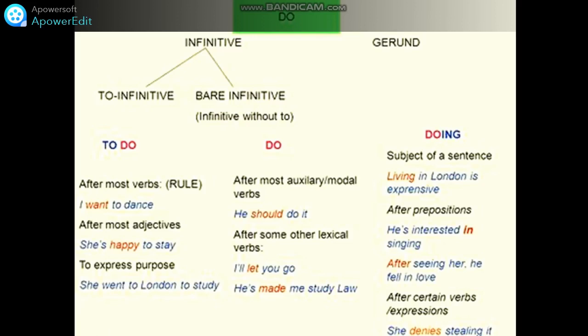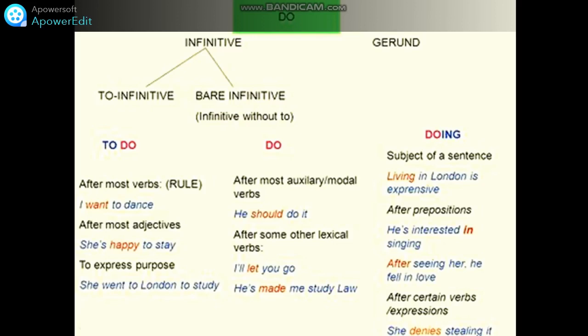After seeing her, he fell in love. So here we have two prepositions, in and after. Good. Gerund is also used after certain verbs or expressions, like for example, she denies stealing it. The verb to deny is followed by a gerund.